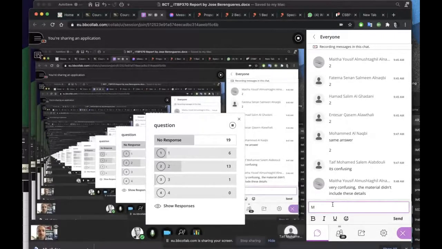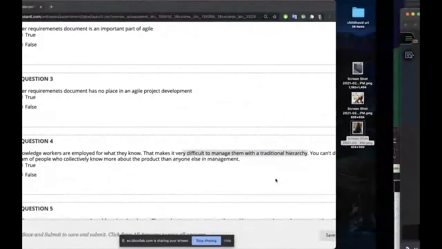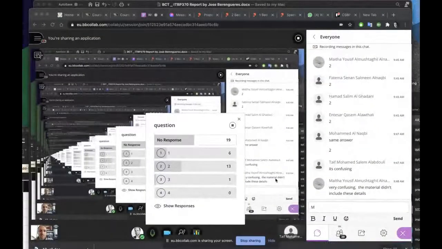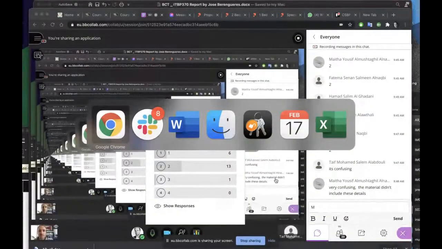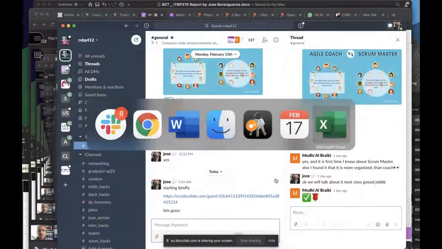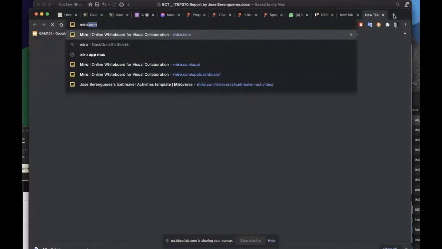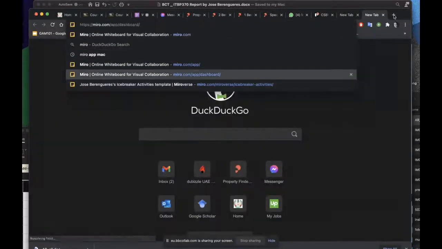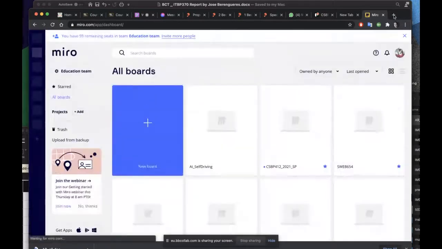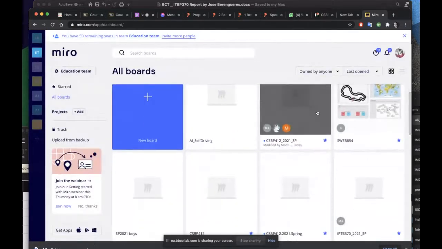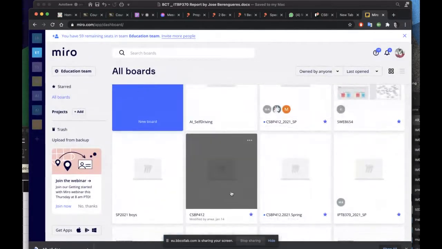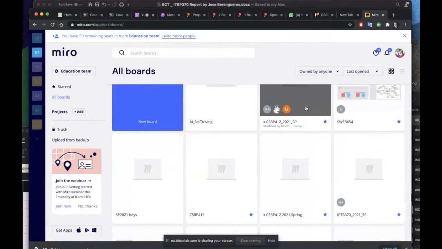Maitha, do you think the material didn't include this? I think we covered it quite a lot. If you did the activities in the class properly and you read the materials, you would see we covered it. Okay, good to know.